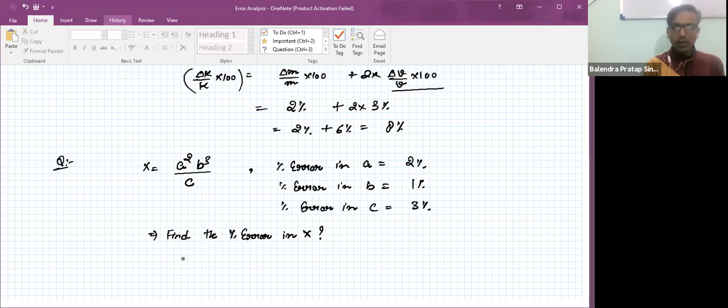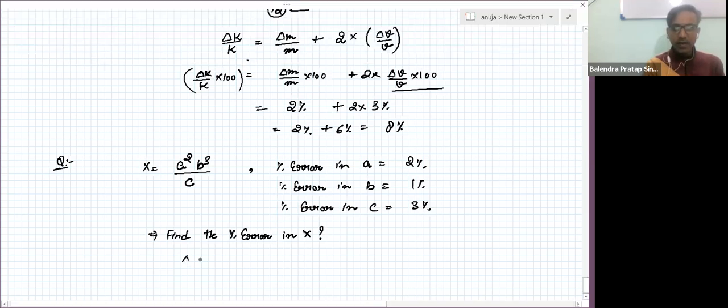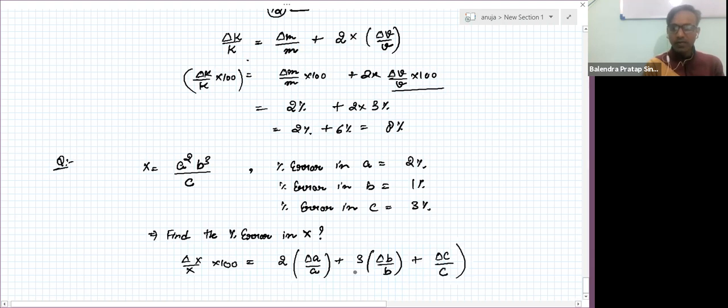Okay. So percentage error in x, delta x upon x into 100, is equal to, first apply the formula here. Here the power terms come in terms of multiplication: delta A upon A plus 3 into delta B upon B plus delta C upon C, with multiplication of 100.